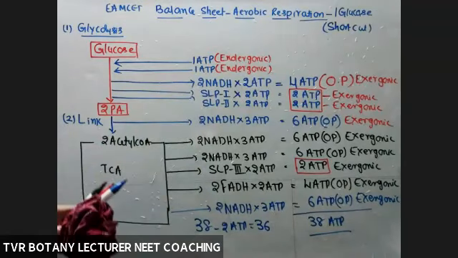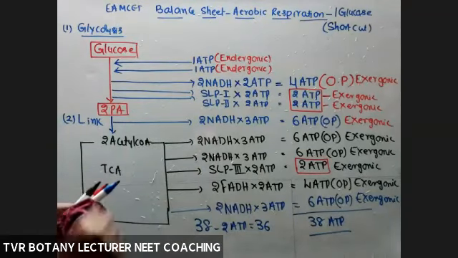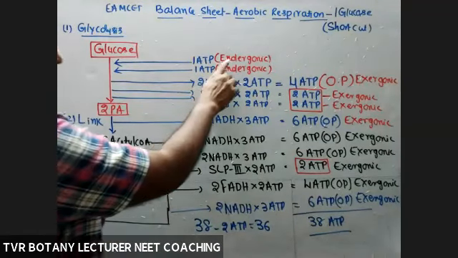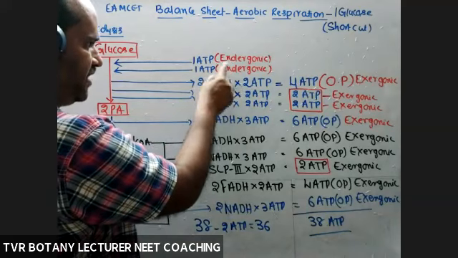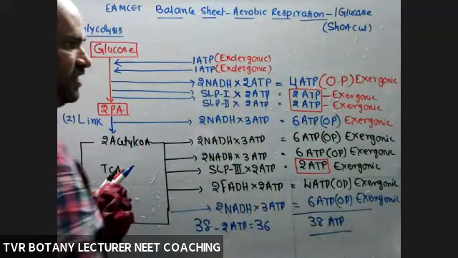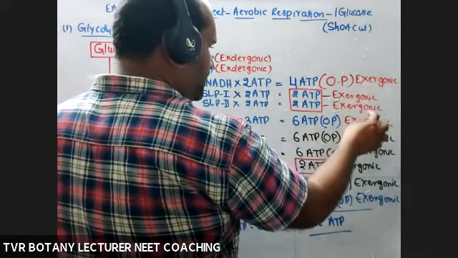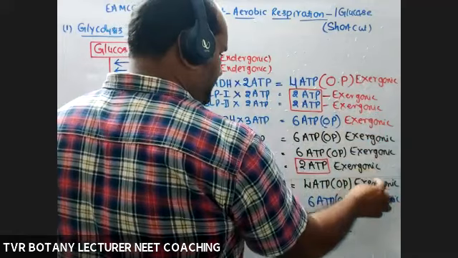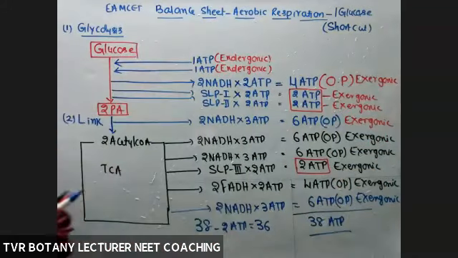See how many exergonic and endergonic reactions are there. This one is the endergonic reaction, energy consuming reaction 2. Rest of the reactions are exergonic reactions: 1, 2, 3, 4, 5, 6, 7, 8, 9.